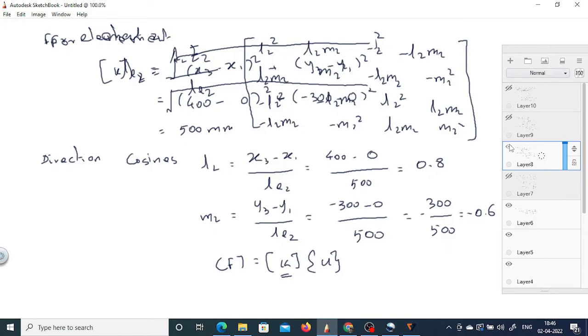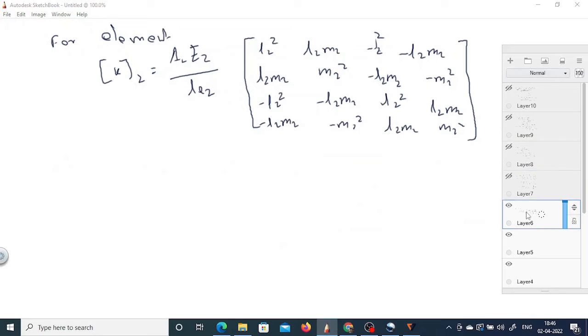From this we can calculate: L2 is equal to 0.8 and M2 is equal to minus 0.6. So from this we can easily write the K2 stiffness matrix.